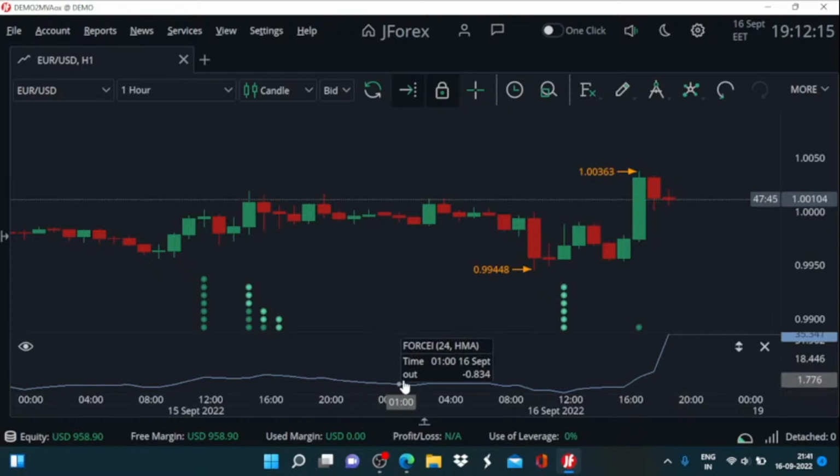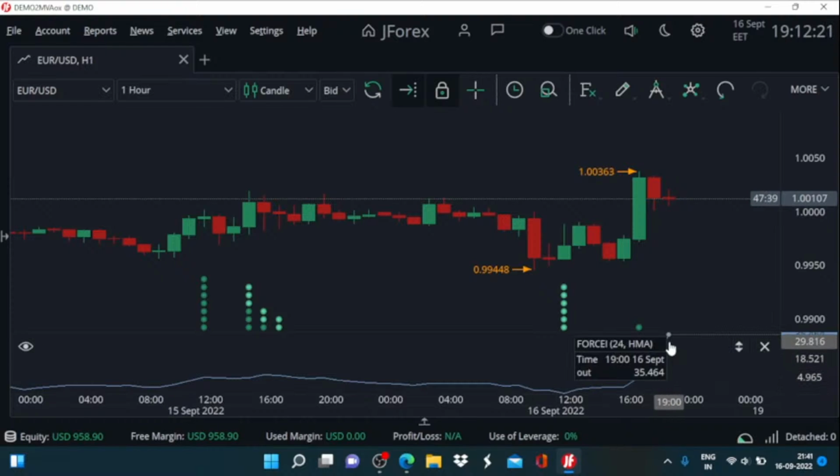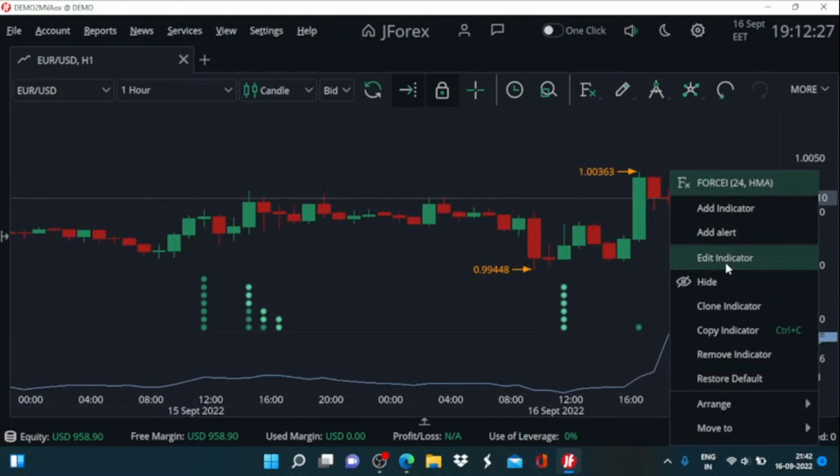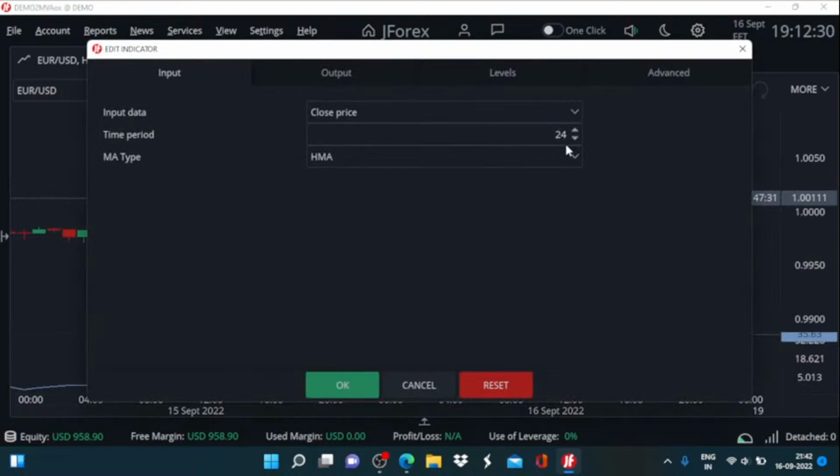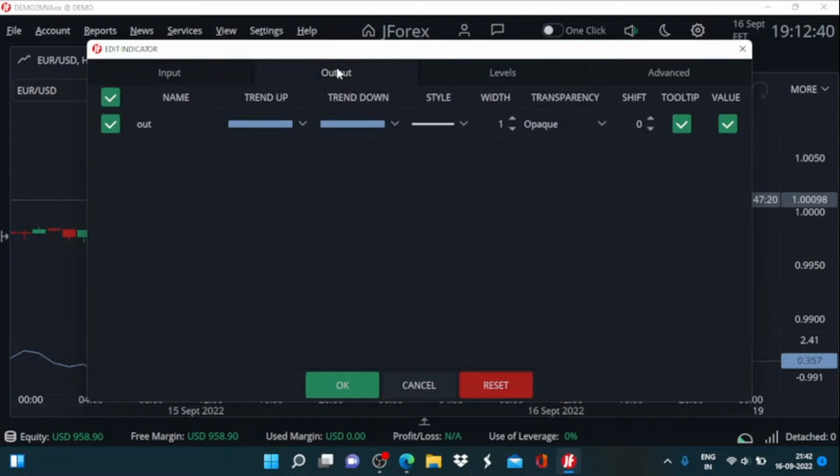Here we had much smoother values for the force index earlier in the day, but the sharp move on the higher side has pushed the force index output sharply higher. This is all because of the changes we are carrying out in these input parameters, and as a result we are seeing changes in the output of this indicator.